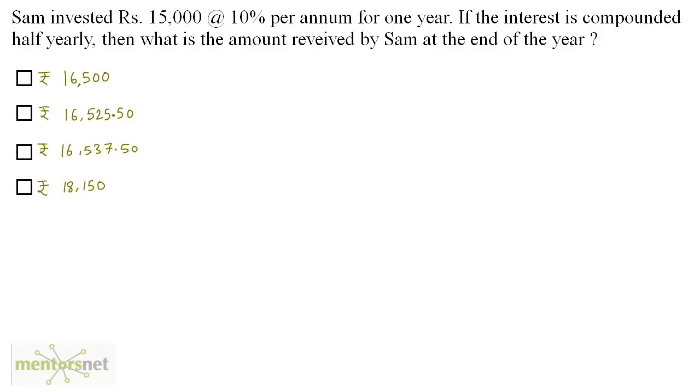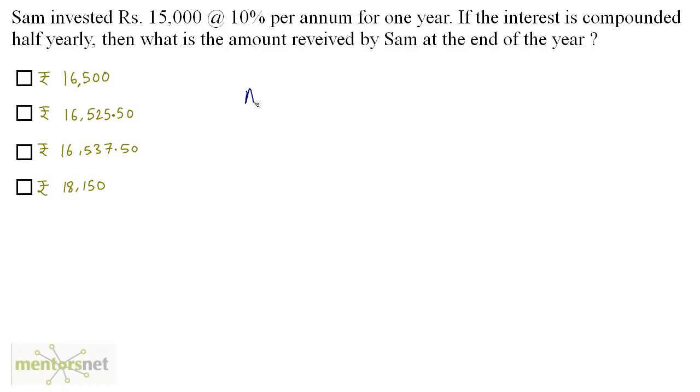Sam invested 15,000 rupees at the rate of 10% per annum for 1 year. If the interest is compounded half yearly, then what is the amount received by Sam at the end of the year? Now because the interest is compounded half yearly, there will be a slight change in the formula.